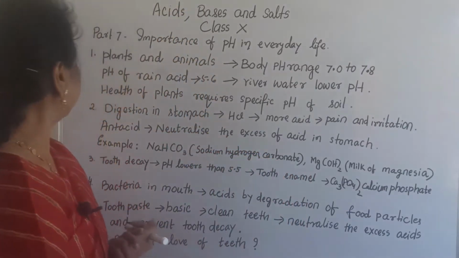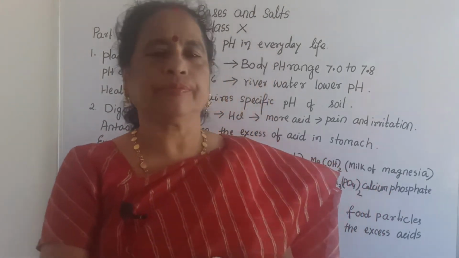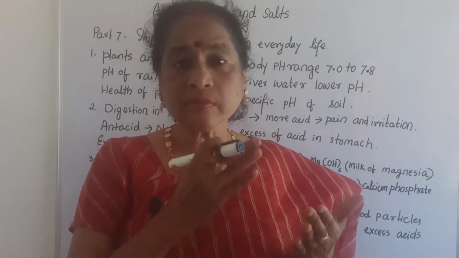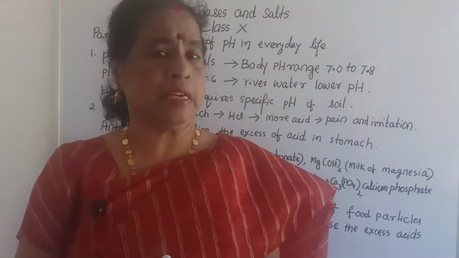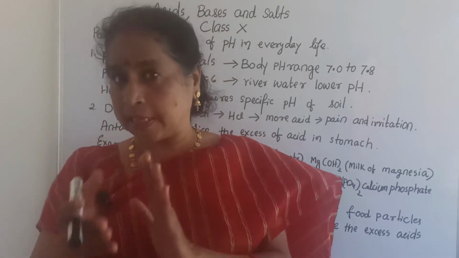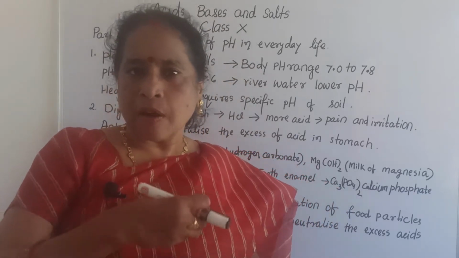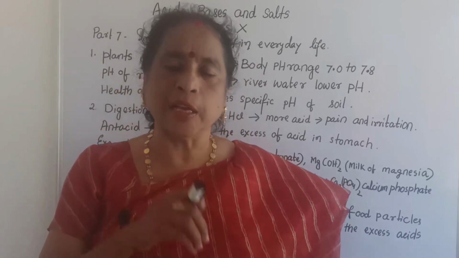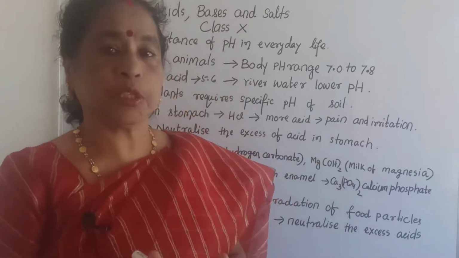Then, the health of plants requires a specific pH of soil. I told you already that the most important thing in our body is digestion. What is digestion? Digestion means the degradation of food materials with the help of hydrochloric acid, which is produced in our stomach. Our stomach produces dilute hydrochloric acid, which is required for the digestion of food.